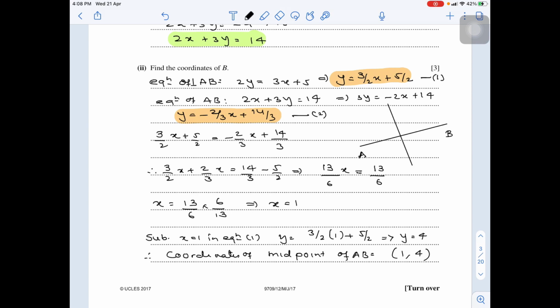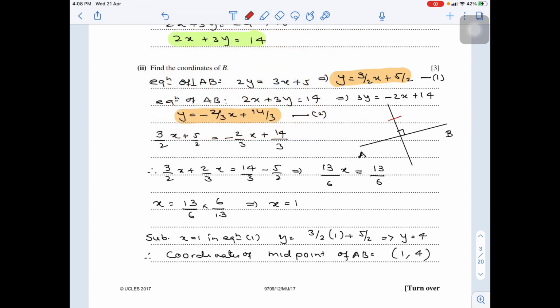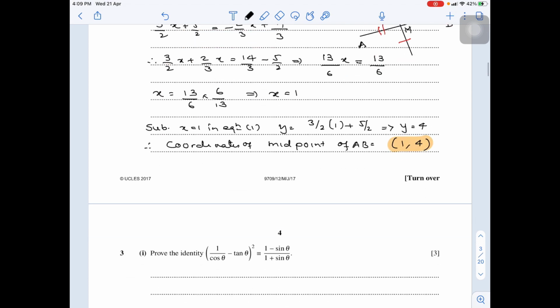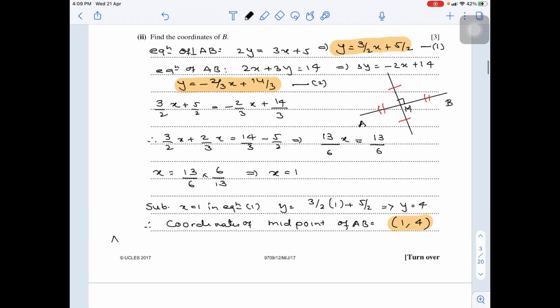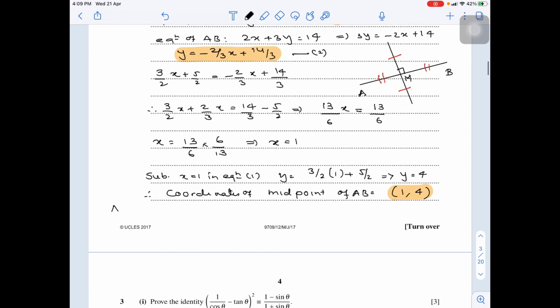Why is it midpoint? That was A and B. If I take the perpendicular bisector, bisector means it bisects the line segment into two parts. So these two and these two are equal, which means M is the midpoint of both.